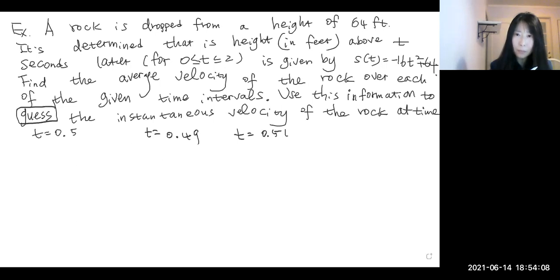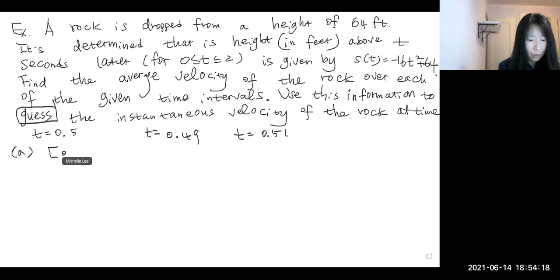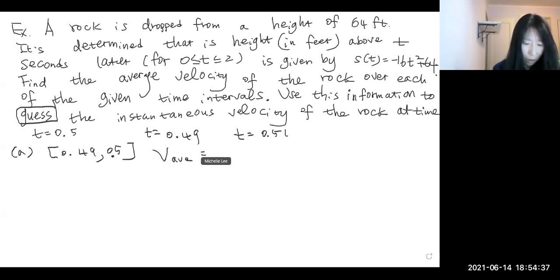Clear? All right, now, in this case, they give us the interval, which is the same as we guessed. Let me use the average velocity. So average velocity is change in S over change in t, so 0.5.